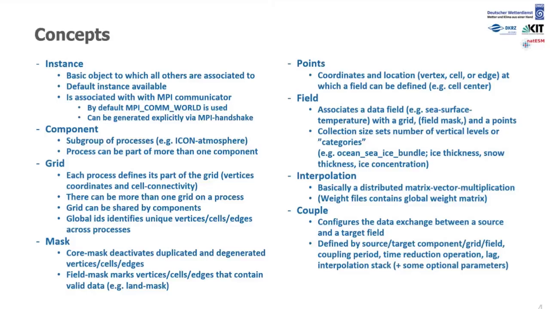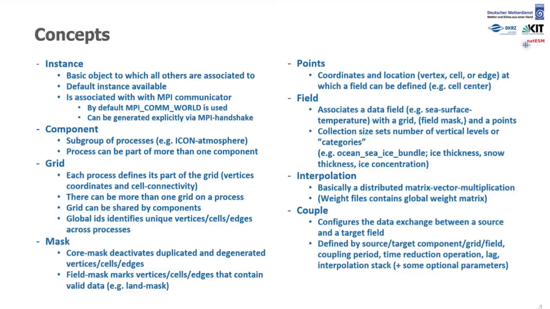And distributed meaning the source vector and the target vector can be distributed in any way across the processes. And YAC will take care that the multiplication with the weight matrix is done as efficiently as possible in parallel across all processes.